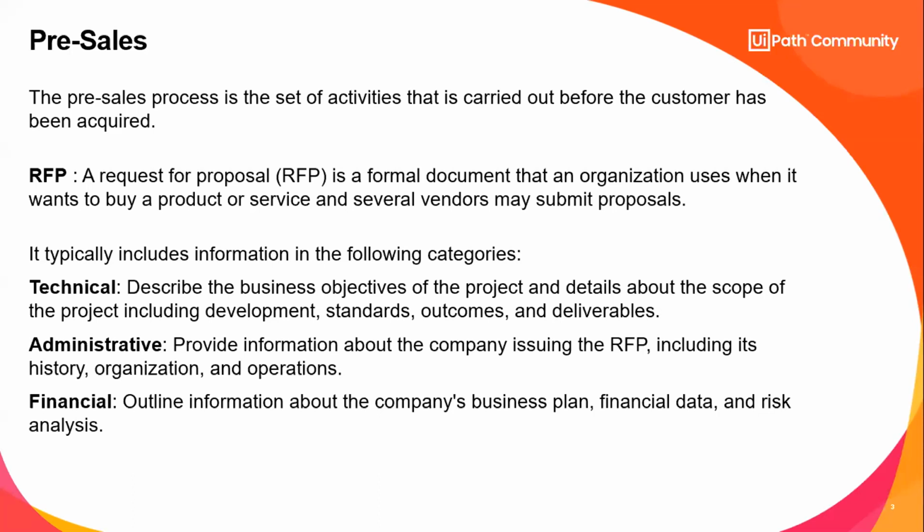Once the RFP is circulated, all these different vendors put in this information on these three categories, and then go ahead and submit the RFP to the organization. So that's the basic nitty-gritty of creating the response for this RFP.